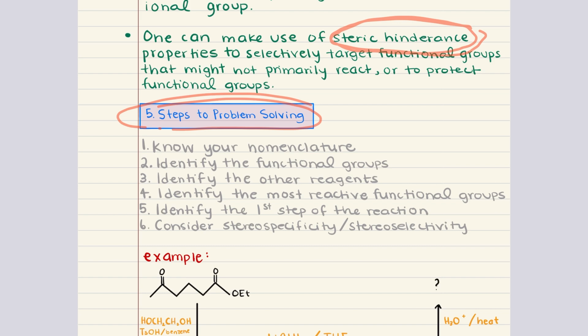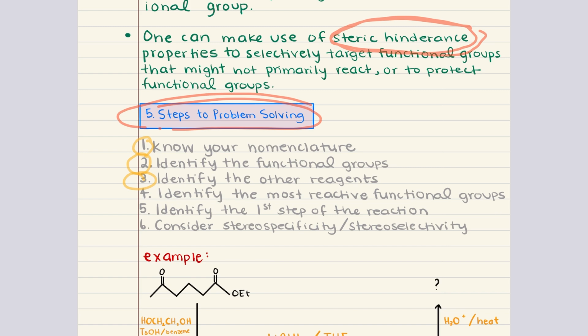To do this effectively, we need a structured approach to analyzing reaction mechanisms. When solving reaction problems, the first step is always to identify all of the functional groups in the given molecule. Each functional group has characteristic reactivity, and recognizing them is essential for determining the type of reaction that might occur.